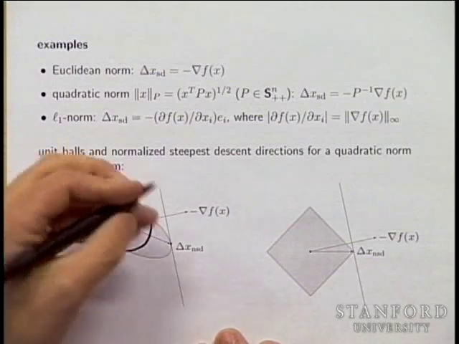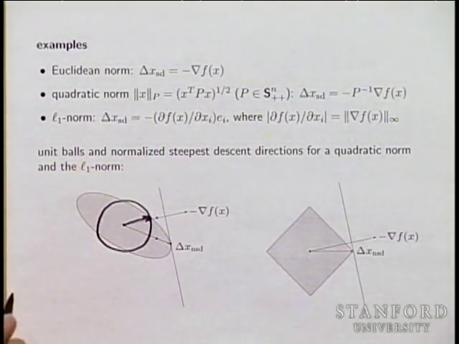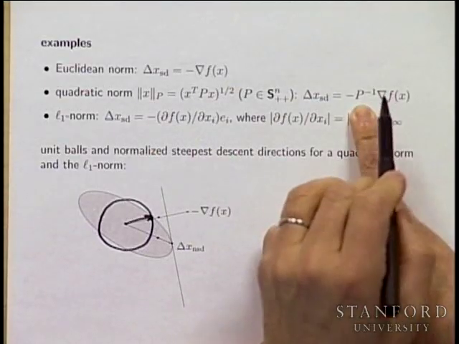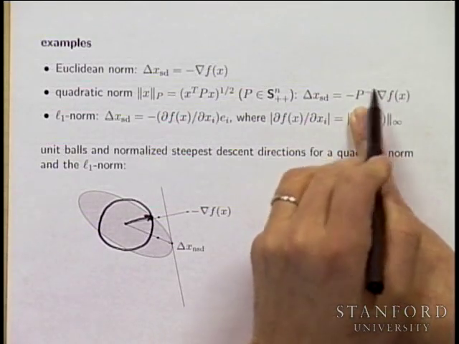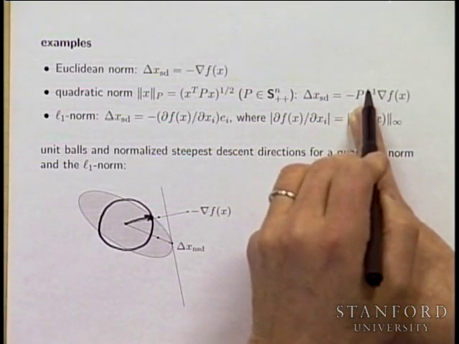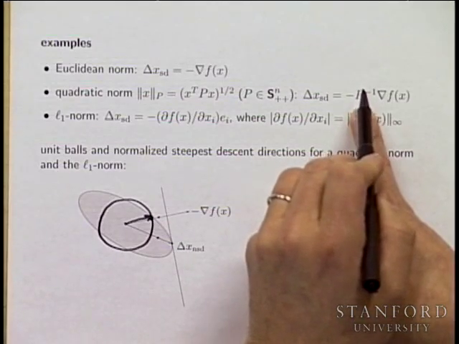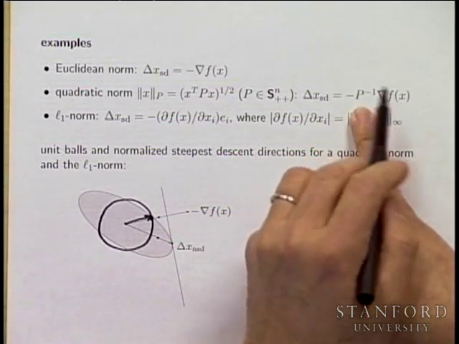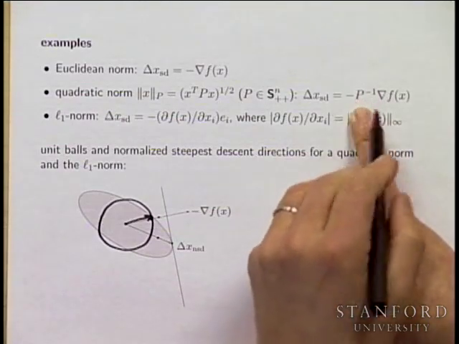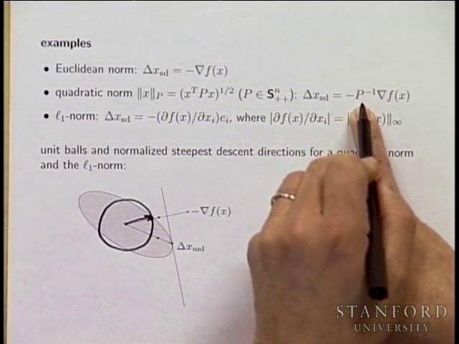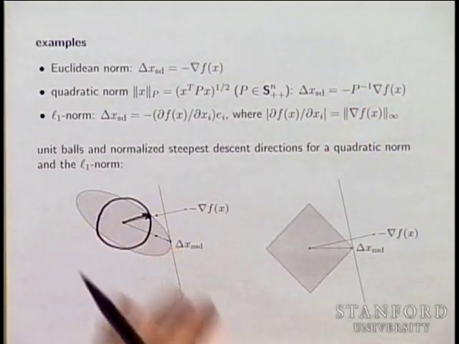So you can see these are obviously not the same direction, and you've twisted it. Now, you can't twist it by more than 90 degrees because that's a positive definite matrix. If you multiply a gradient vector by a positive definite matrix, you don't rotate it more than 90 degrees. That is exactly what a positive definite matrix is. So you've twisted it over like this.